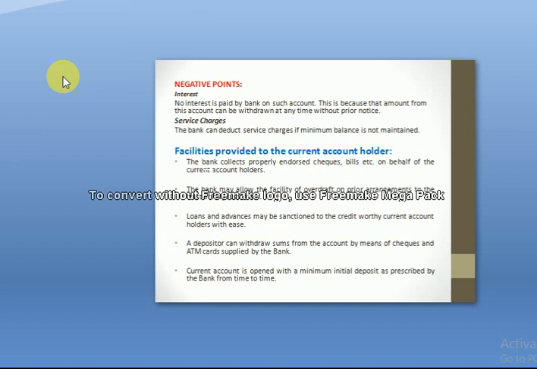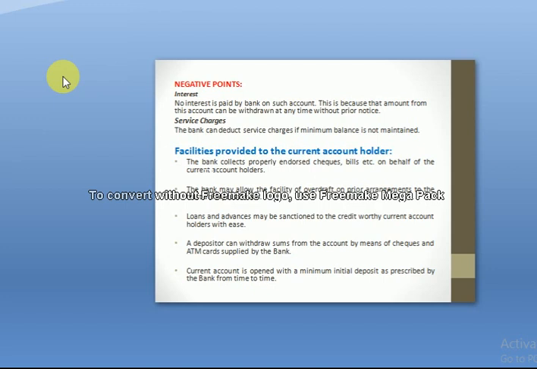Next, a depositor can withdraw the sum from the account by means of a check and an ATM supplied by the bank. When you need money, you can withdraw it from your account using two sources, one by check and one by ATM. Both these facilities are given by the bank for the service of their customers.